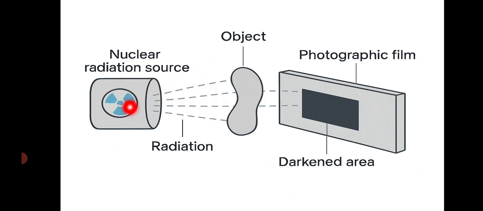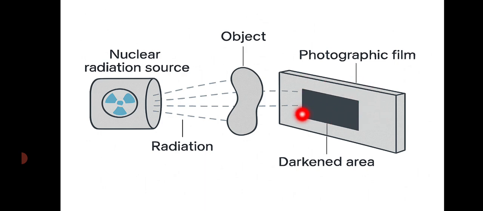So we have a source of radiation. The three forms of radiation, alpha, beta, and gamma, are emitted from the source, in front of which there is an object. Remember that some radiations can be blocked by certain objects, others can pass through objects. So that which passes through the object is going to fall on the photographic film.